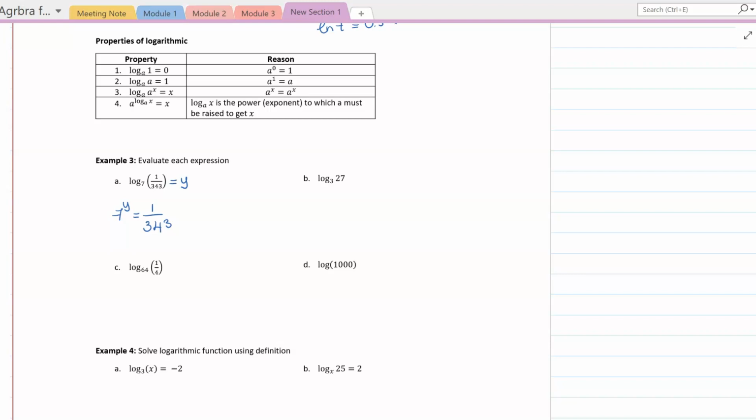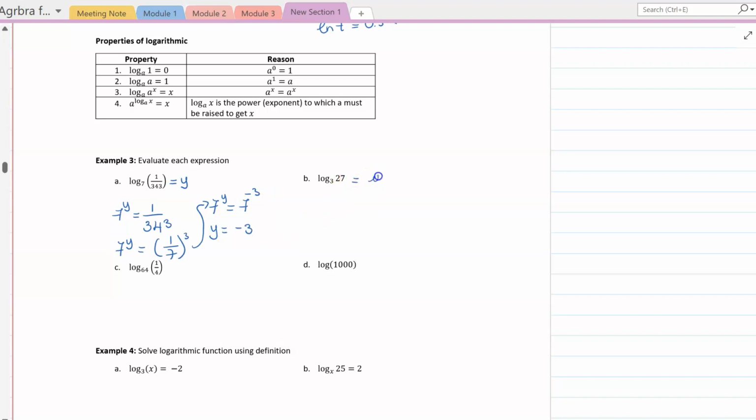So 7 to the y is equal to 1 over 7 to the third. This means 7 to the y is equal to 7 to the negative 3. This means y equals negative 3.